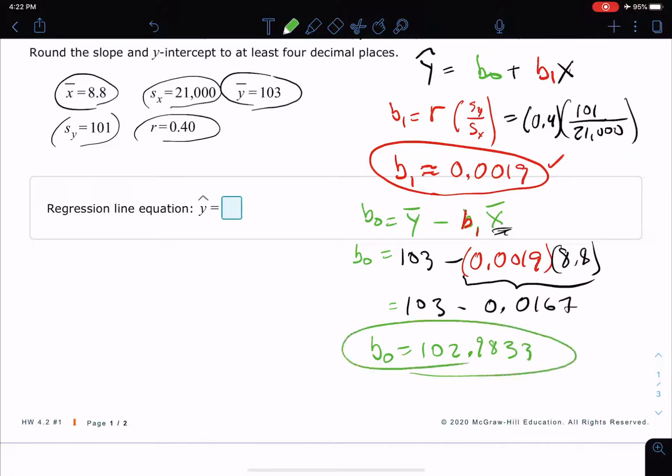I'm going to put a circle around that. Those are the two pieces I need to make my least squares regression line, or also known as just regression line.